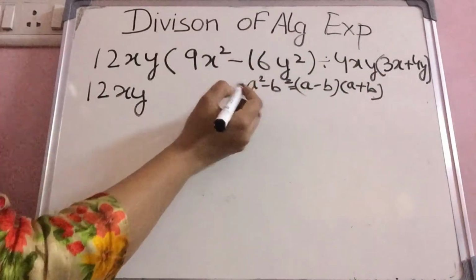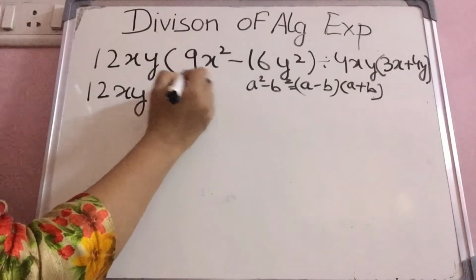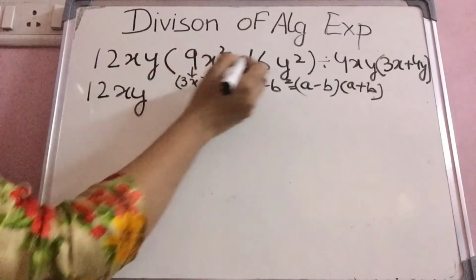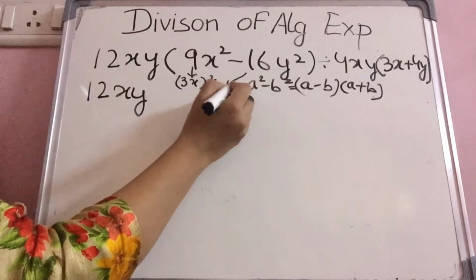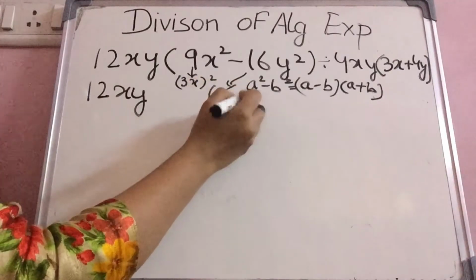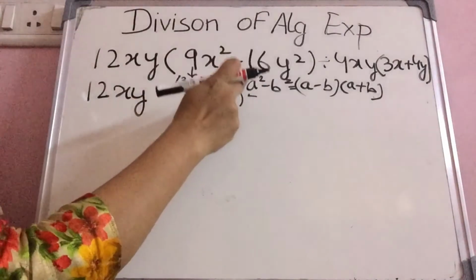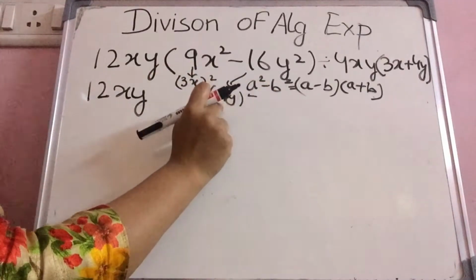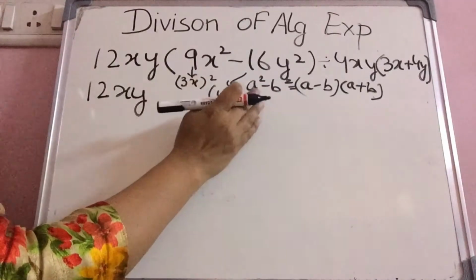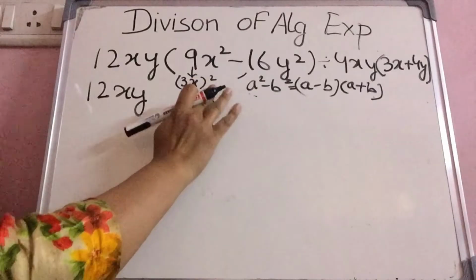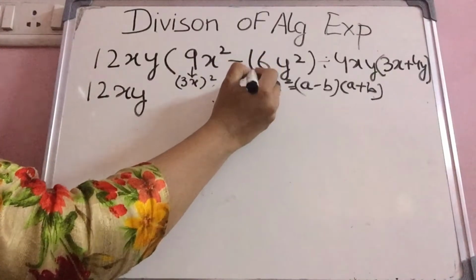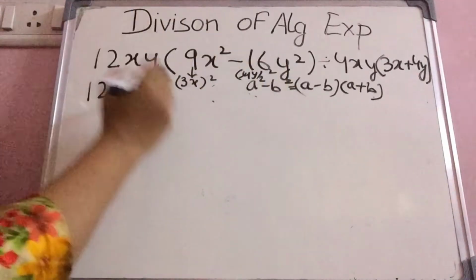Here a will be 3x whole square. We can write this as this, and this term as 4y whole square. Okay, so a will be 3x and b will be 4y. We'll write it directly. This is 4y whole square.